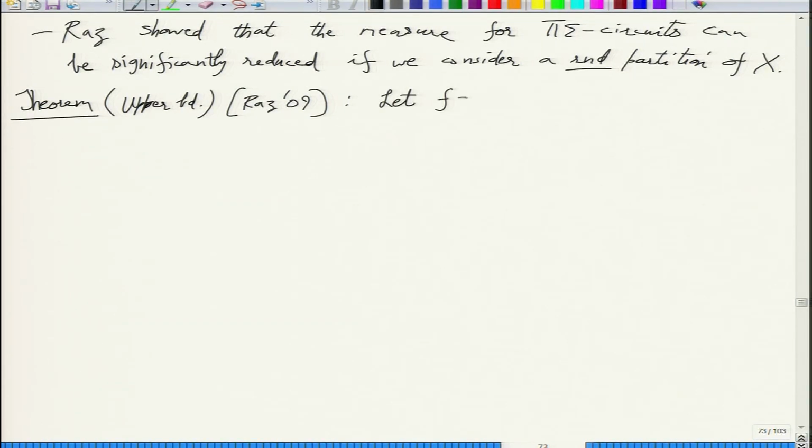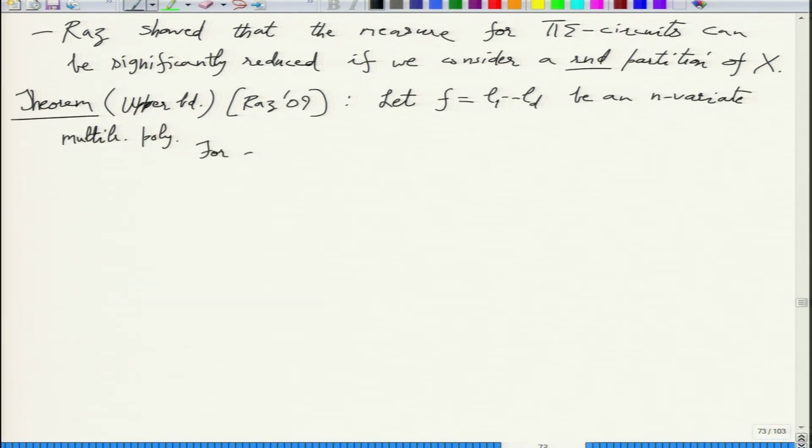So consider a pi sigma polynomial or circuit. It is a product of d many linear polynomials on n variables. And importantly, they should have disjoint support, so that f is multilinear. So let f be an n-variate multilinear polynomial.